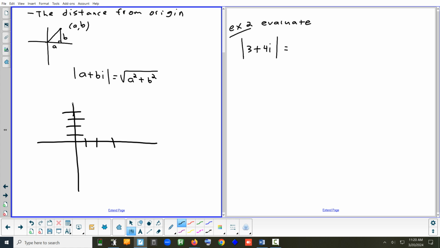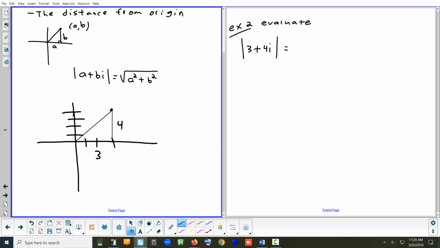Yeah. And how do you get there? Go 3 to the right and 4 up. 3 to the right and 4 up. So what I want to find is that. So make a triangle. 3, and that's 4.